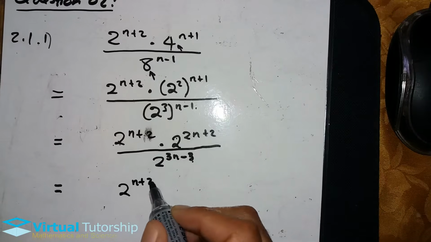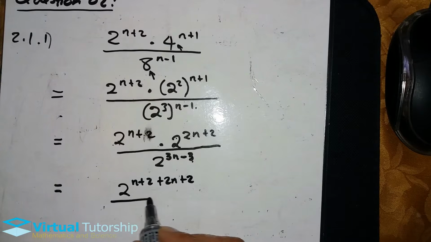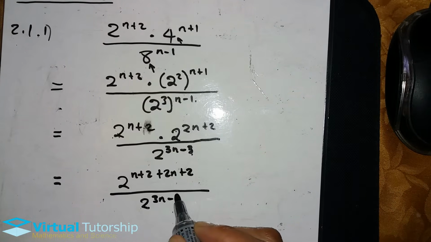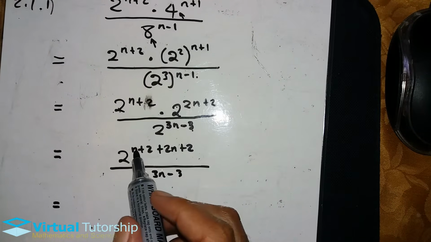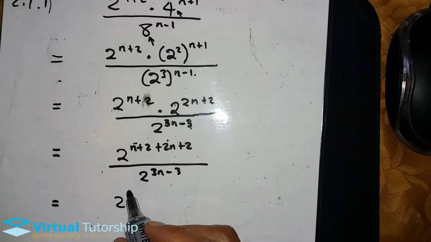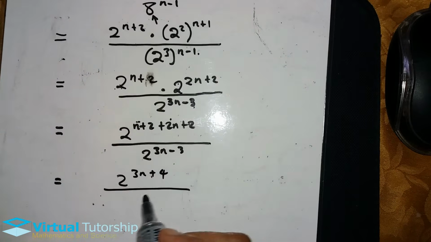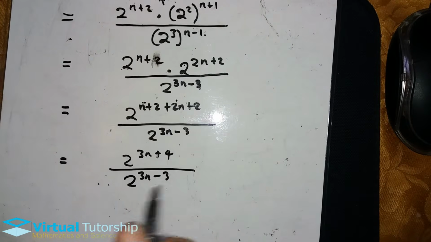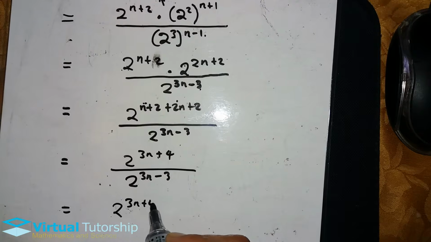So ngizoba no n plus 2 plus 2n plus 2, all divided by 2 exponent 3n minus 3 equal to, so ngizoba no, this is a like term, lawa ma like terms lawa ngizoba no 3n bese la ngizoba no 4, all divided by 2 exponent 3n minus 3, which is equal to 2 exponent 3n plus 4.